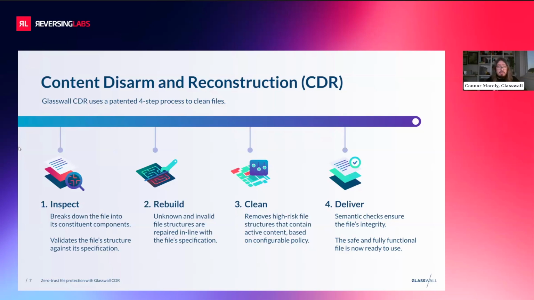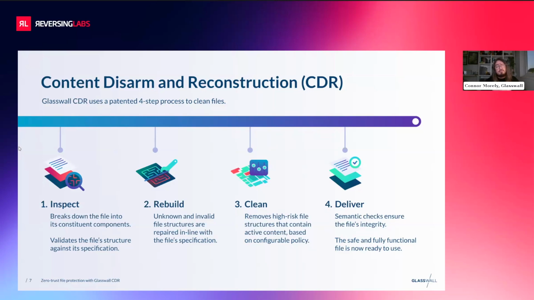Step 2 is rebuild. This is where any component seen to be not aligned to specification, or considered corrupt or malformed, is attempted to be repaired, to put it back in line with the specification. If this is not possible because it is so severely malformed, the file may be rejected as non-compliant. Otherwise, it can be repaired, so we can create a valid file from a potentially malformed or corrupt file.